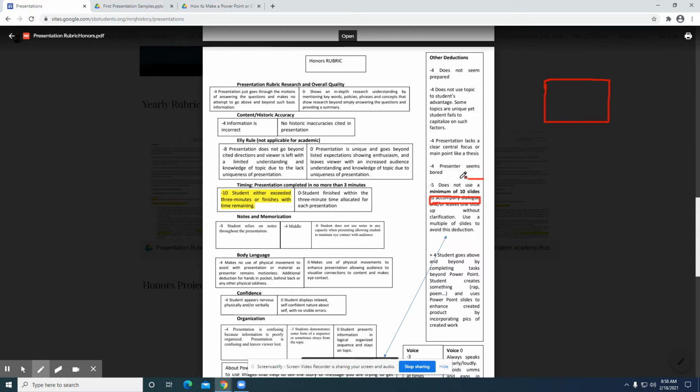So this one right here, although it does say minimum of 10 slides, you also have to keep in mind that you have to accompany the dialogue. So sometimes a student will say, well, I had 10 slides, why did you take off points? Well, did those slides really accompany your dialogue? Are you looking at the 10 slides just to fill a quota? So you want to try to avoid that.